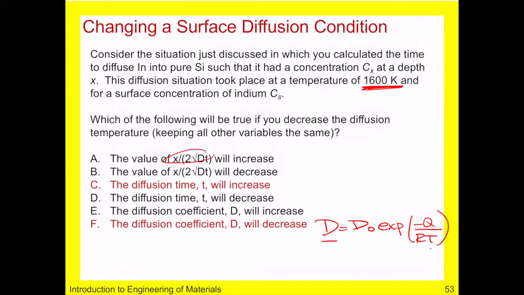However, these values will not change because nothing else has changed. The concentration at x, the initial concentration, as well as the surface concentration have not changed. And so if you're only changing the temperature while the diffusion time is increasing and the diffusion coefficient is decreasing, this overall value will not be changing.